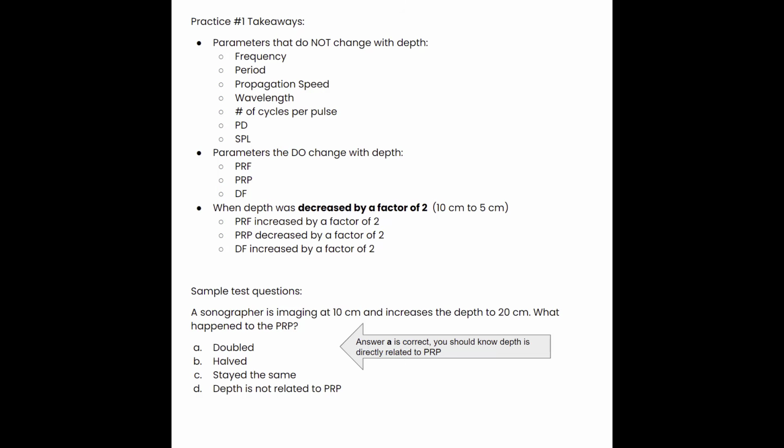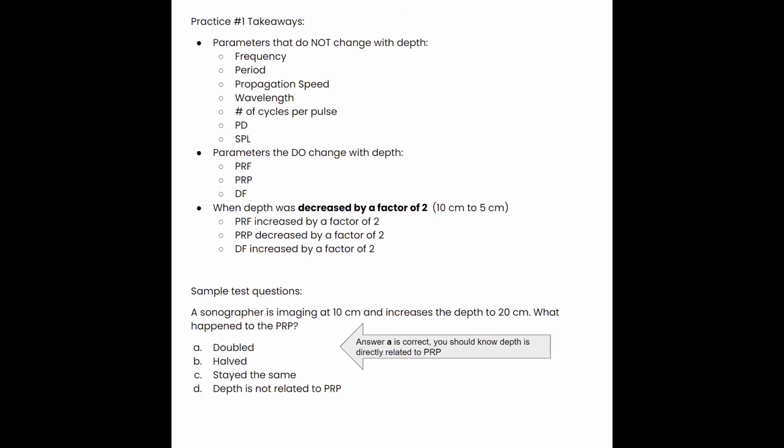As an example test question here, I have a sonographer is imaging at 10 centimeters and increases the depth to 20 centimeters. What happened to the pulse repetition period? So this question is asking you, do you understand how imaging depth affects the image, and specifically, how does it affect pulse repetition period? So your choices are doubled, halved, stayed the same, or that depth is not related to pulse repetition period.